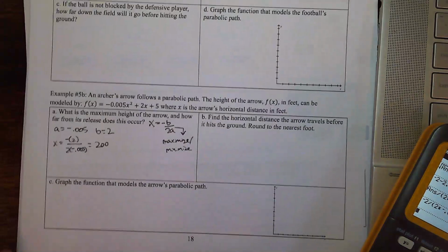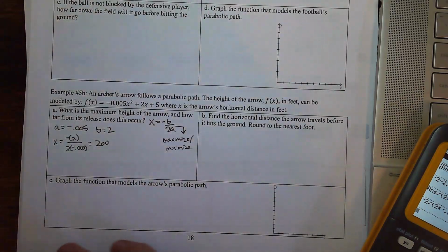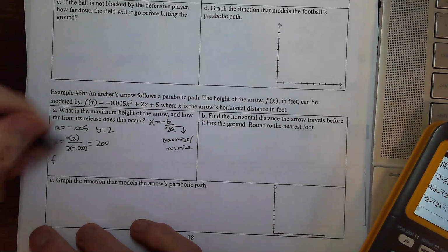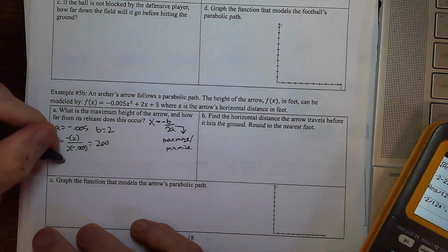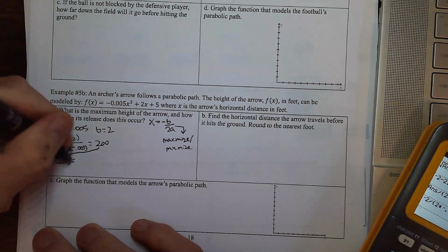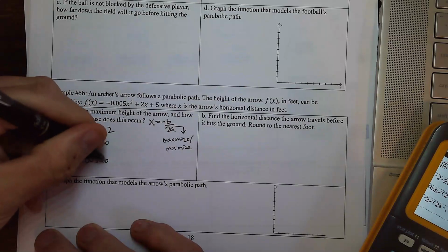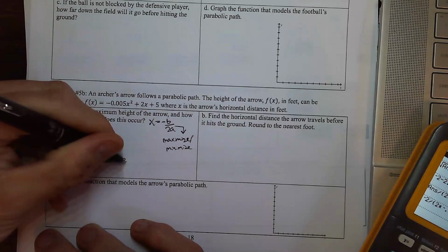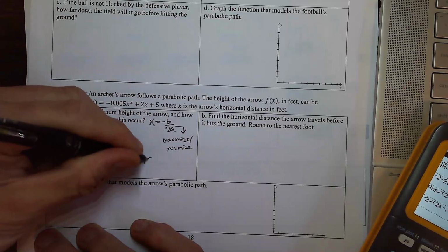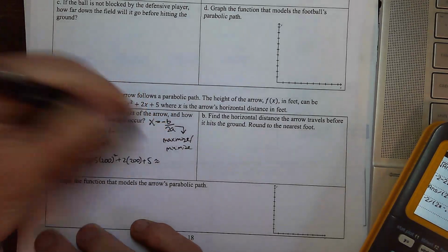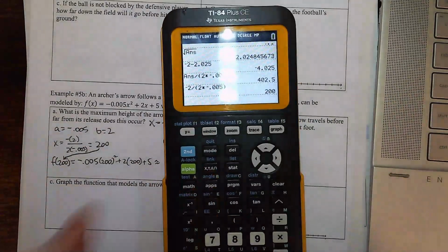But we actually want to know what the maximum height is. So to find the maximum height, we've got to plug 200 into our function. So I'm going to plug 200 into our function. f of 200 equals negative 0.005 times 200 squared plus 2 times 200 plus 5. Okay, and we'll figure out what that is.